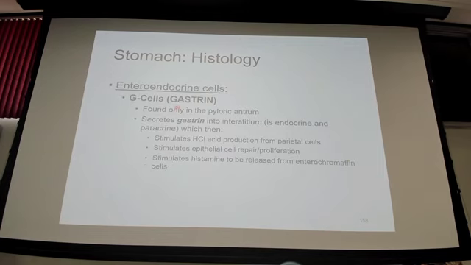G cells, gastro, that one's pretty easy. Secretes the gastrin, okay? And if you take a look here, acid production, histamine release, and then repair. So gastrin sort of helps the stomach do what it's supposed to do, helps repair the stomach.